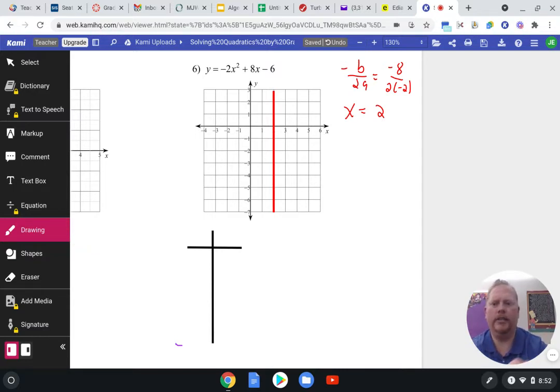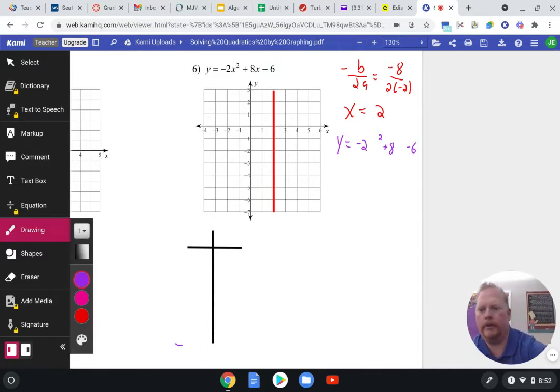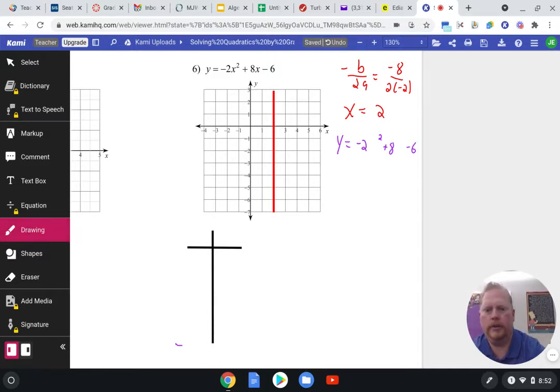Let's go ahead, take that 2 and plug it into the equation. Let's get a different color here. So y equals negative 2 times 2 squared plus 8 times 2 minus 6. Just to kind of keep it from all blending together, let's use different colors.